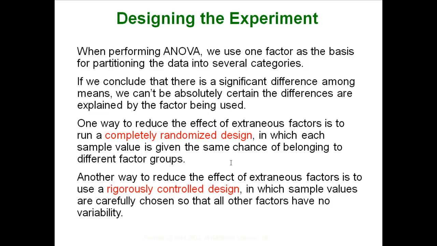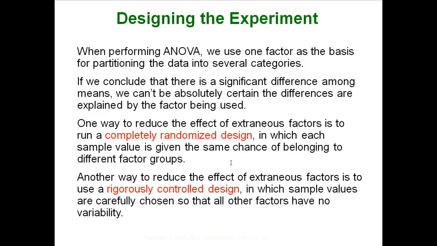One way to reduce the effect of possible extraneous factors is to run a completely randomized design, which means each sample value is given the same chance of belonging to the different factor groups. And that would only work if you could put someone in one of the 3 lead groups.